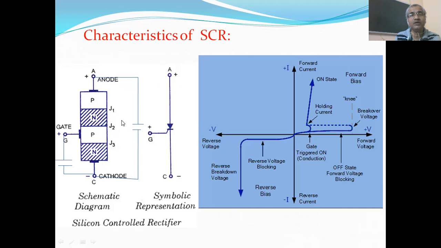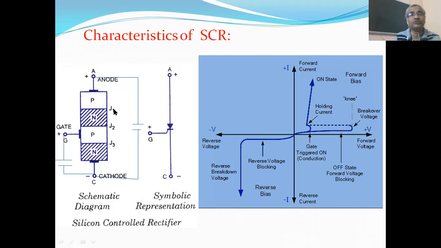Because J2 is reverse biased, for a small applied voltage no current will flow through the device. Let us visualize this: suppose this is a hall or room, and in this room there are three doors, J1, J2 and J3.